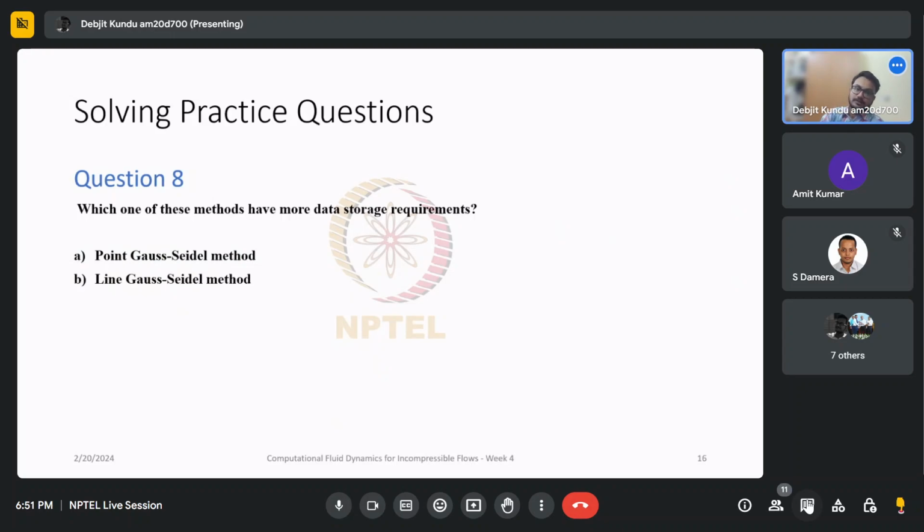Okay. So the question remains the same. The options change now. Which one of these methods has more data storage requirements? Is it the point Gauss-Seidel method or is it the line Gauss-Seidel method?